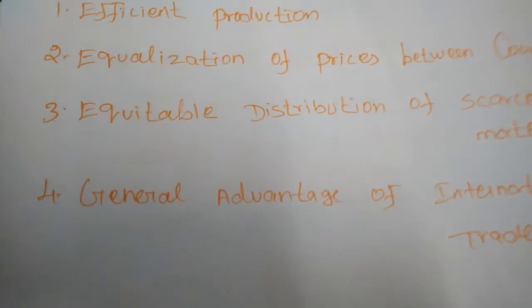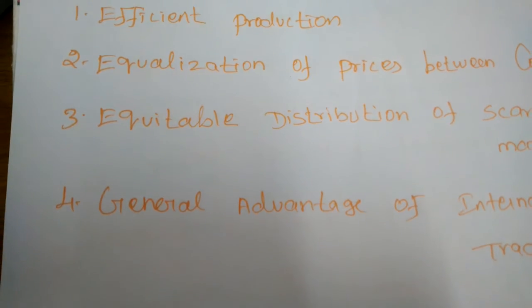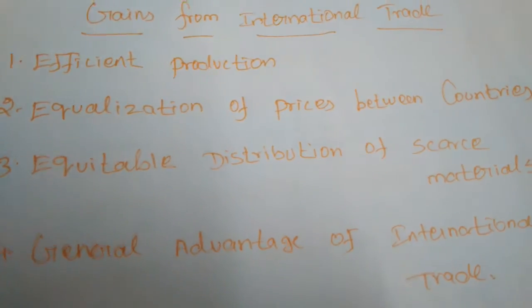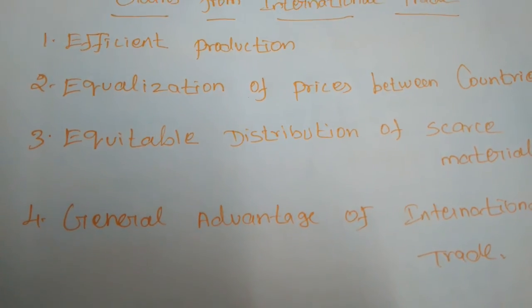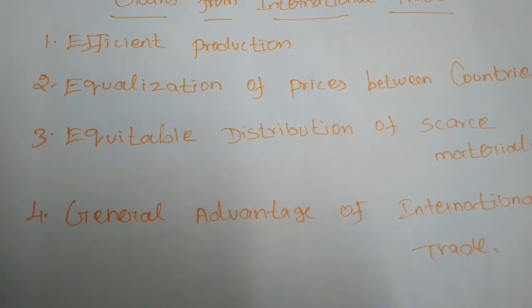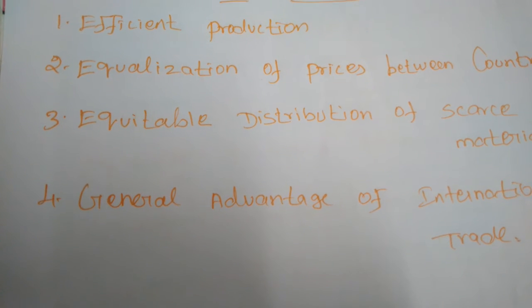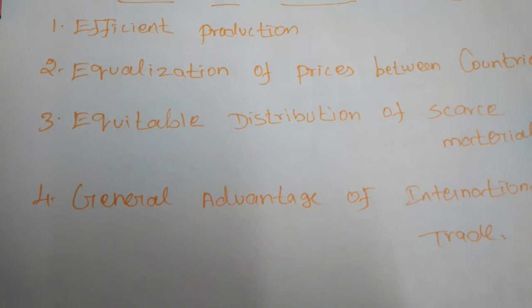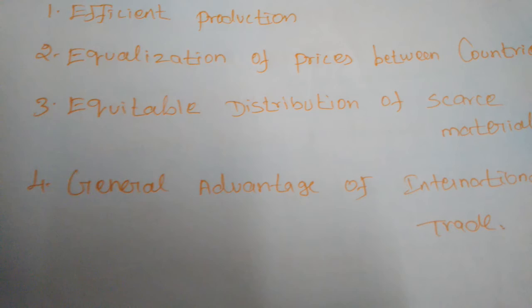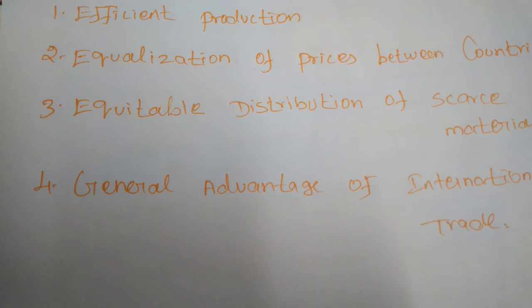Next, equalization of prices between countries. The equalization of prices between countries is also one of the benefits. The prices of goods are equalized between the countries. However, in reality, it has not fully happened.